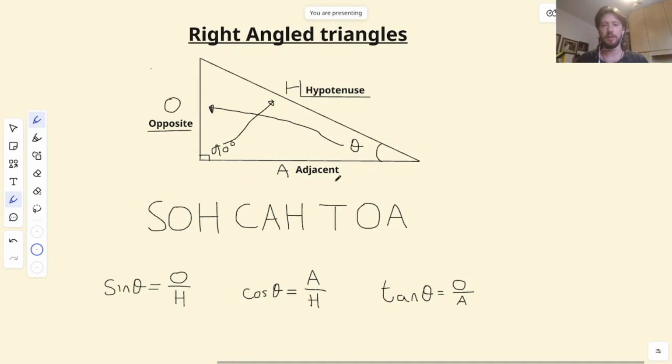Then we have the adjacent. Adjacent means next to. It's next to the angle that we are dealing with. So opposite, opposite to the angle; adjacent, adjacent to our angle; hypotenuse, longest side, opposite the right angle.